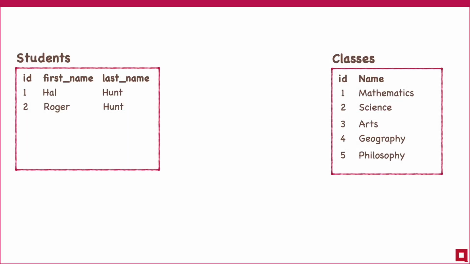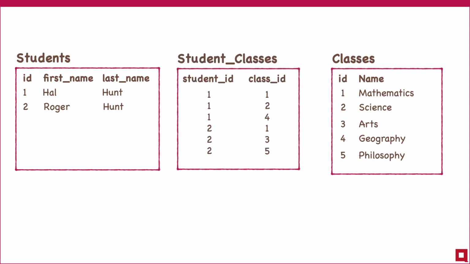The students relation has two tuples which correspond to two students. The classes relation has 5 tuples for 5 classes in the school. A student can attend many classes. This relationship is defined in the student classes relation, which refers to tuples in the other two relations by ID.